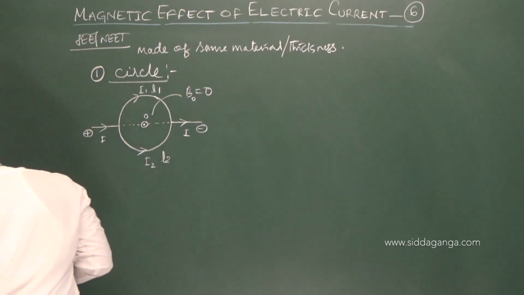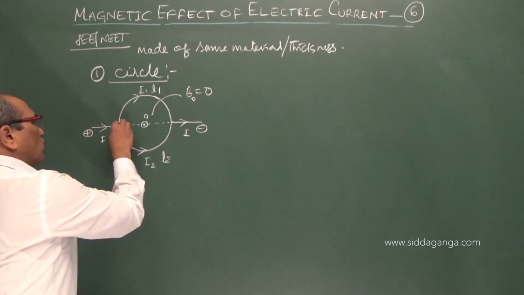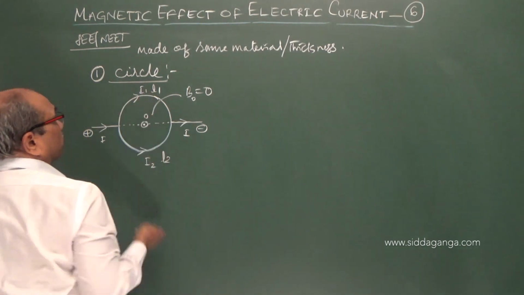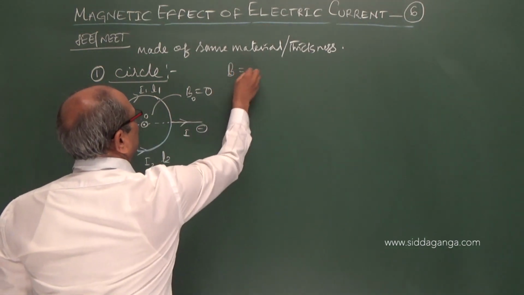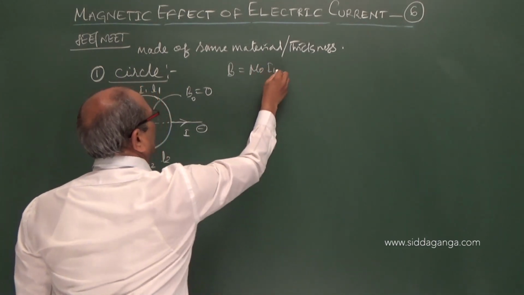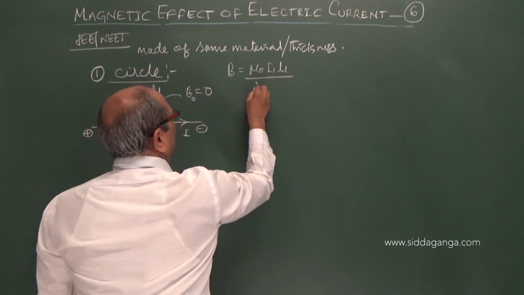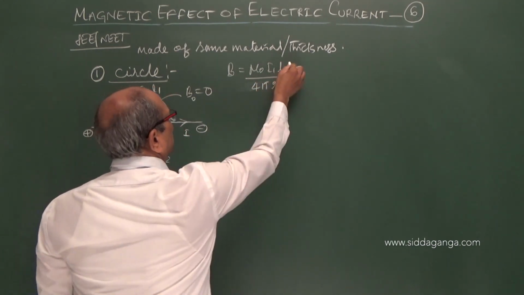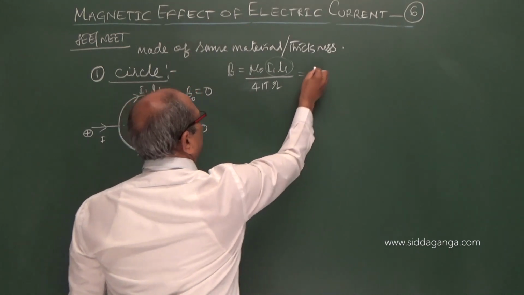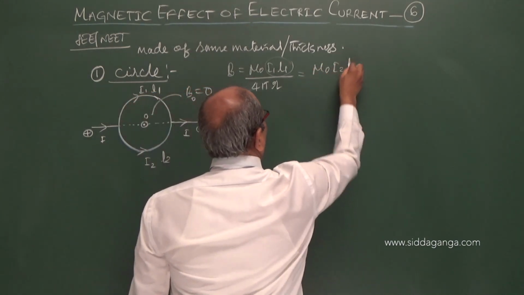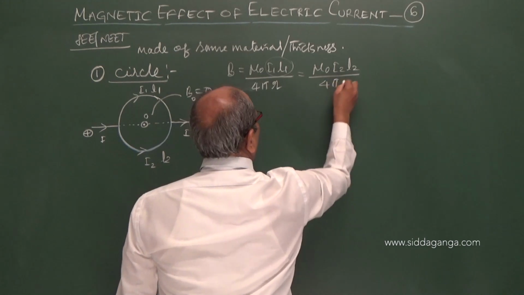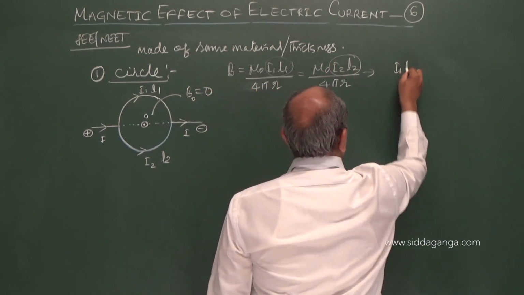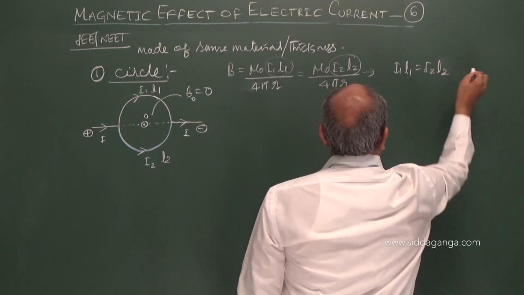This is clearly known to you, explained in the previous video: irrespective of the length, use the relation B equal to mu naught I1 L1 by 4 pi r squared. Similarly, mu naught I2 L2 by 4 pi r squared, everything else is the same. So I1 L1 is equal to I2 L2.